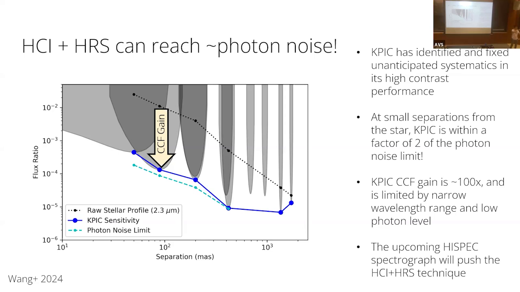It doesn't aberrate the star itself, but at a few lambda over D around the star, it causes aberrations that are hard to control. And that exact area is where we want to do the dark hole digging to search for planets. So that secondary obscuration makes it so hard to build a coronagraph and wavefront control to suppress the glare of the star that it sets the limit on the star-planet contrast, basically.